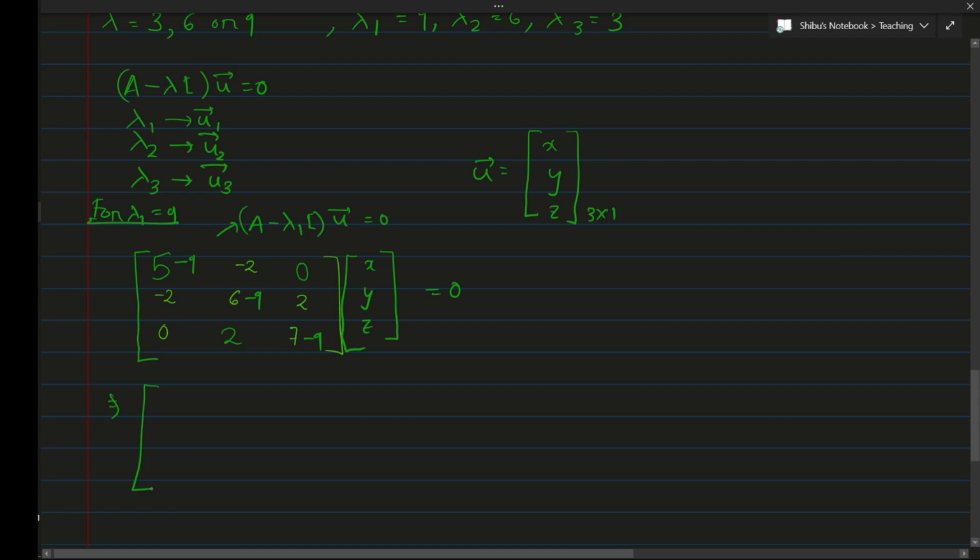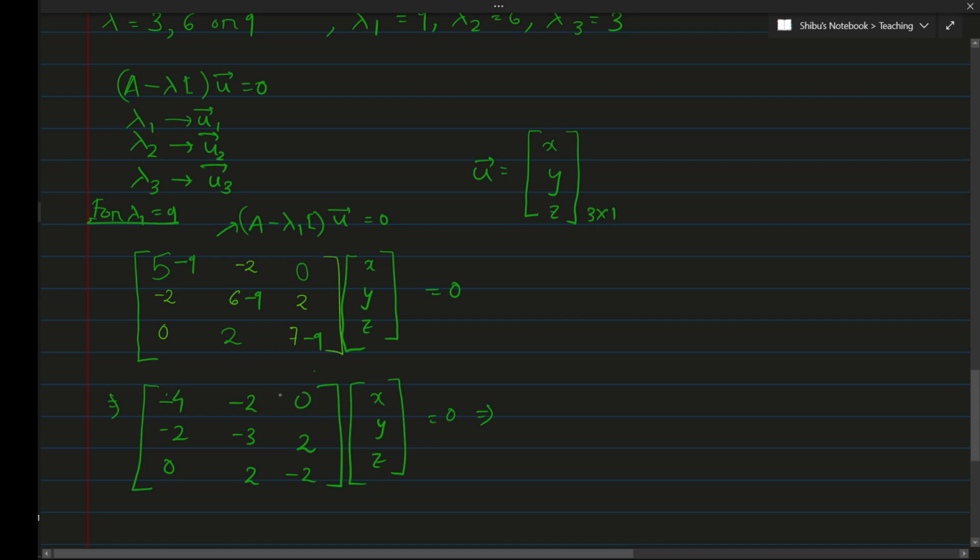Now if we simplify this, then this will be 5 minus 9 equal to minus 4, minus 2, 0, minus 2, 6 minus 9 is equal to minus 3, and this is 0, this is 2, and this is minus 2, right? And it is x, y, and z equals to 0.